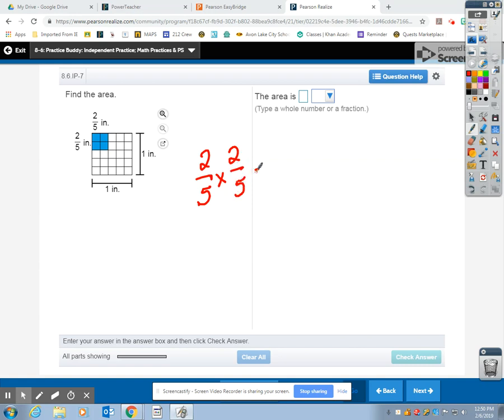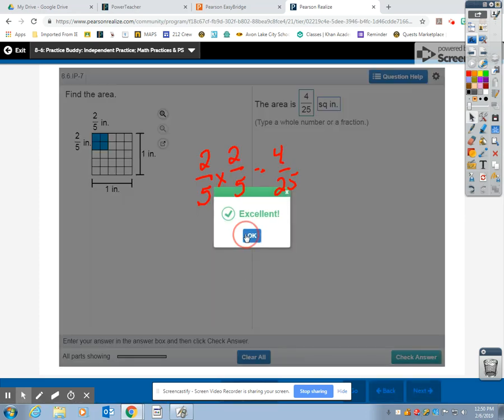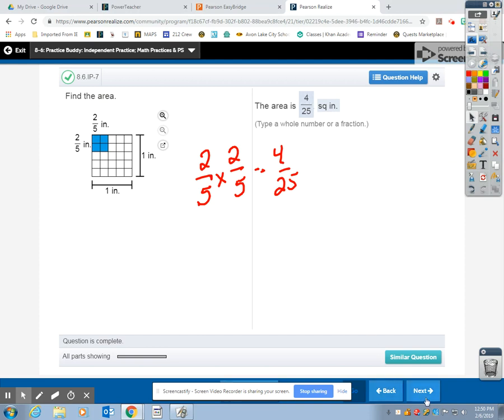That equals 2 times 2 is 4, 5 times 5 is 25. I type 4/25, and I change that to square inches. And I get an okay.